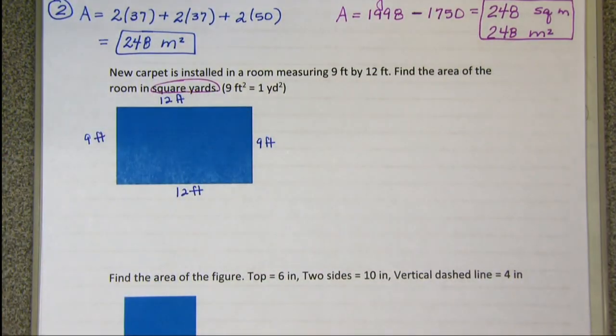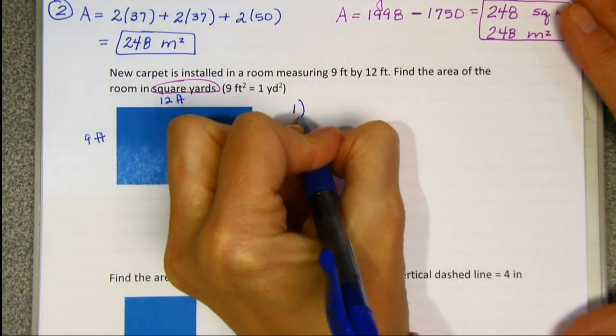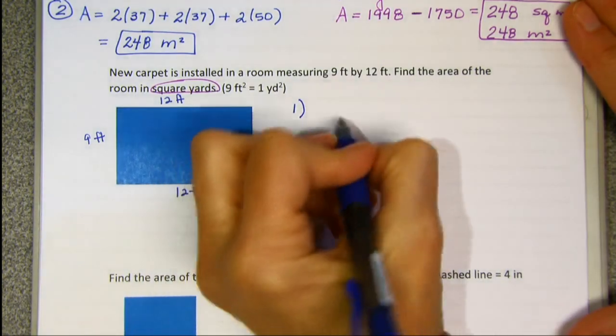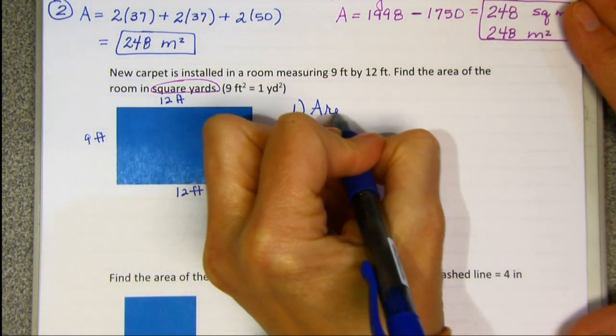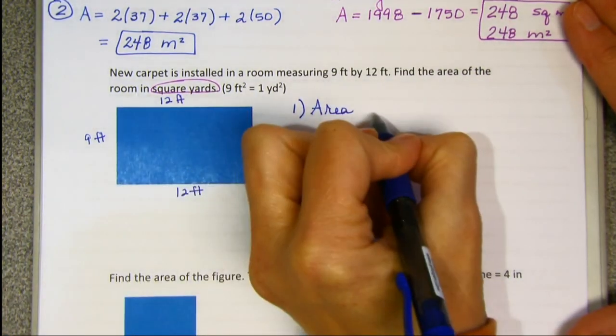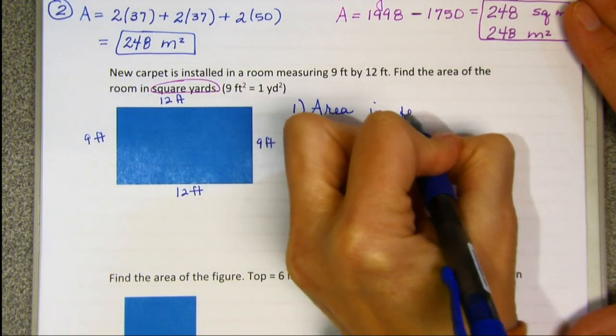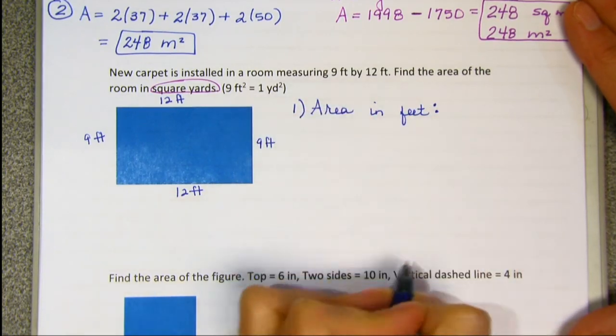So eventually we're going to have to do that. But let's first just take care of finding the area in feet. So we're going to calculate the area of this rectangle in feet because that's what they gave us.